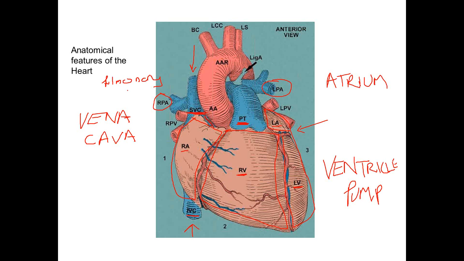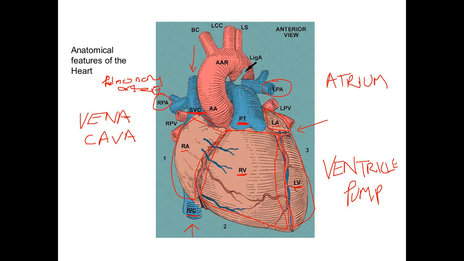Pulmonary artery. P-U. So those vessels are now taking blood away to the lungs to have the blood oxygenated.